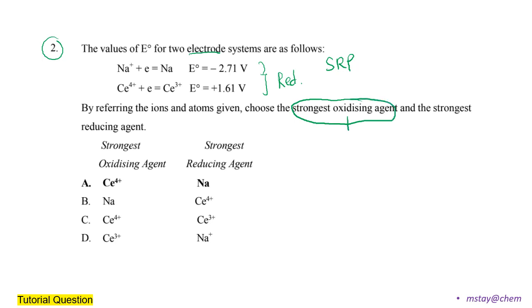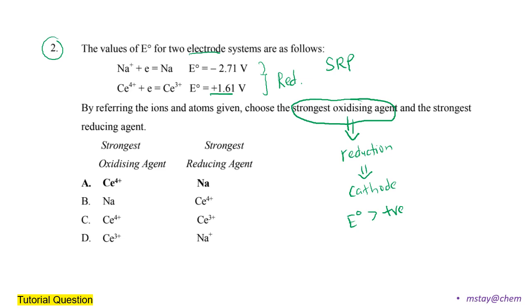As we know, the oxidizing agent is the species that undergoes reduction and should always act as the cathode, and the E0 electrode should be more positive. When we look here, positive 1.61 is more positive.